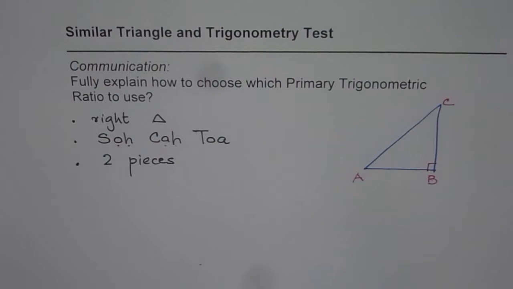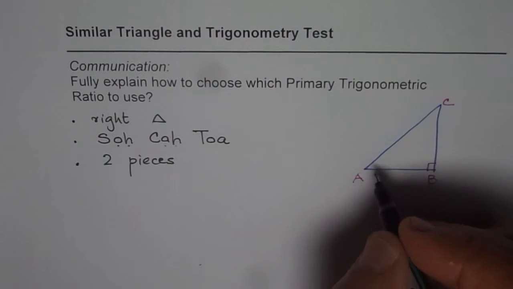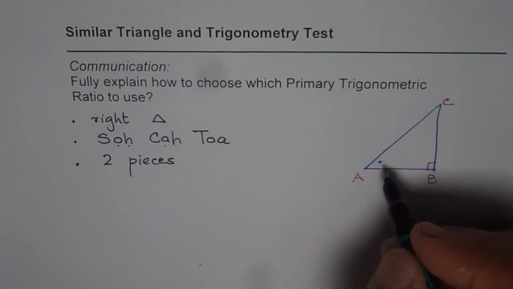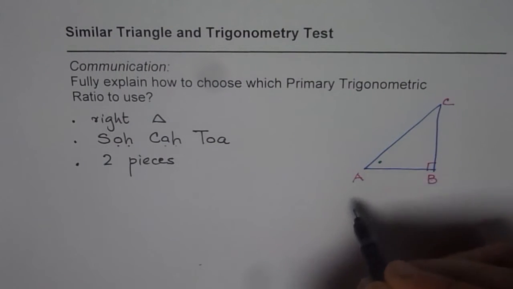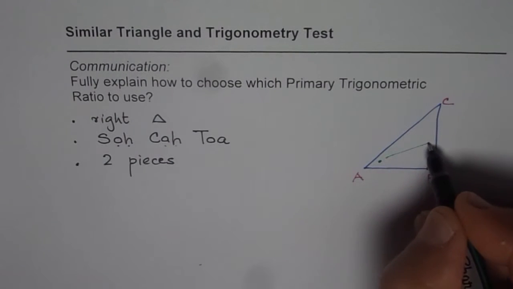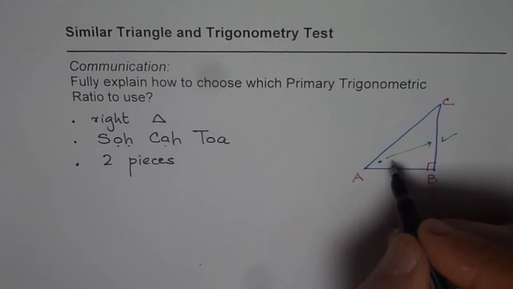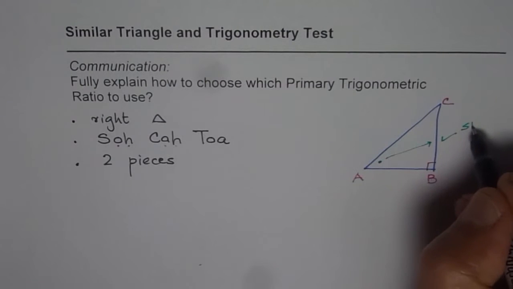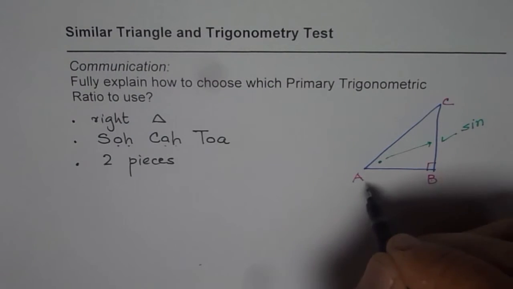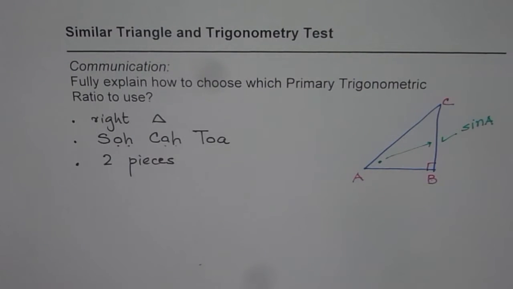The other way is, which angle do we know, right? If we know one of these angles, then we have to see which side is relative to this angle. So if for this angle we are given the opposite side, then we are talking about sine of that angle. In this case it is A, right?